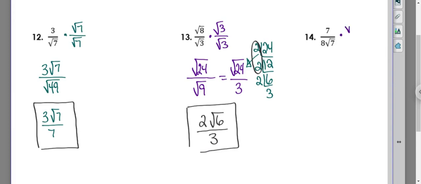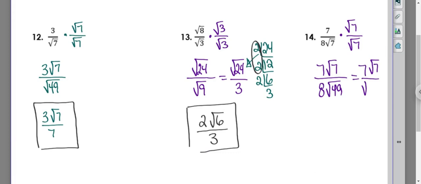Multiply both of these by the square root of 7. So that becomes 7 times the square root of 7. 8 times the square root of 49 now. So the square root of 49 is 7. And you're going to multiply that by, so now we'll have 8 times 7 in the denominator.